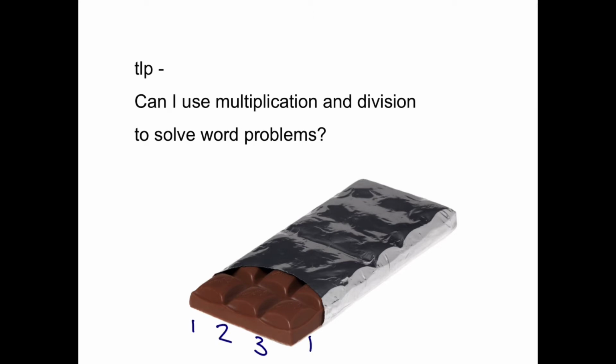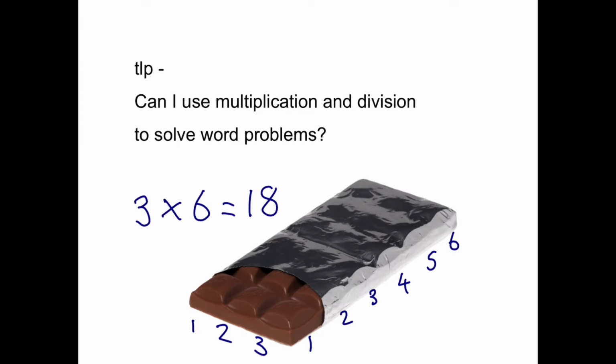And then 1, 2, 3, 4, 5, 6 there. So to work out how many bits altogether, you'd have to do 3 times 6. And if you remember from when we were doing the division of that, weren't we? It's 18.